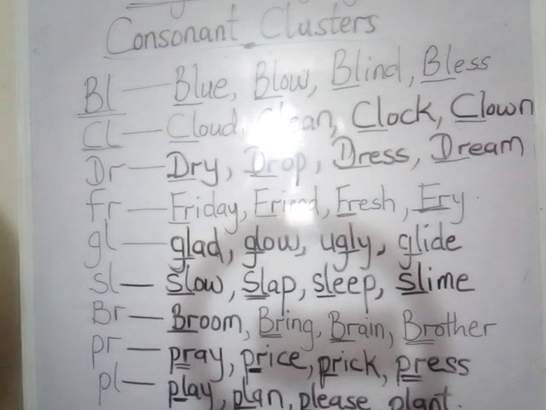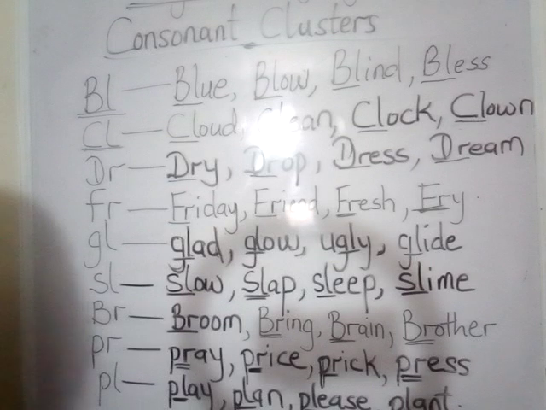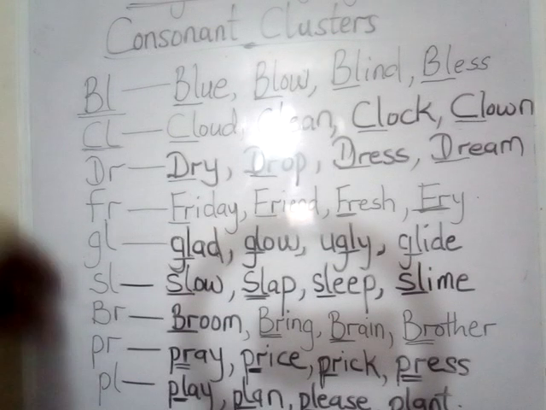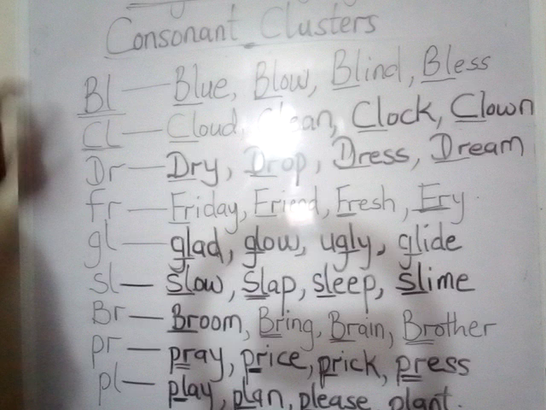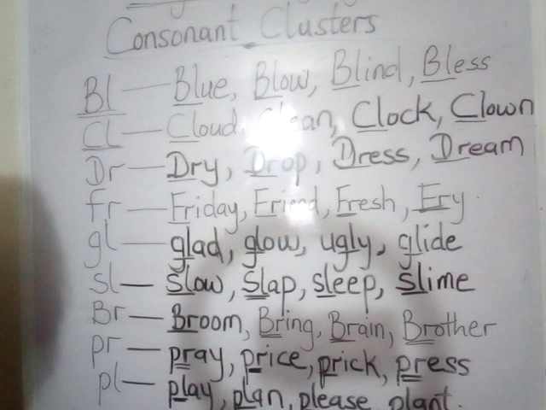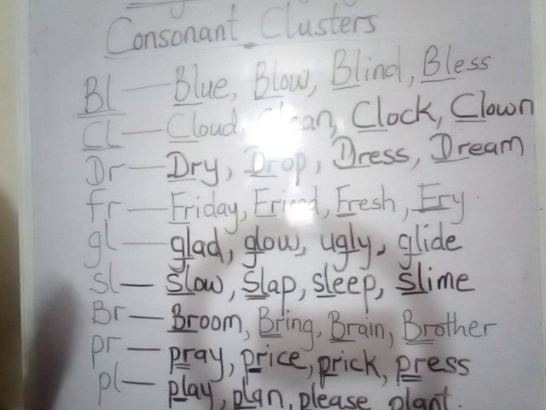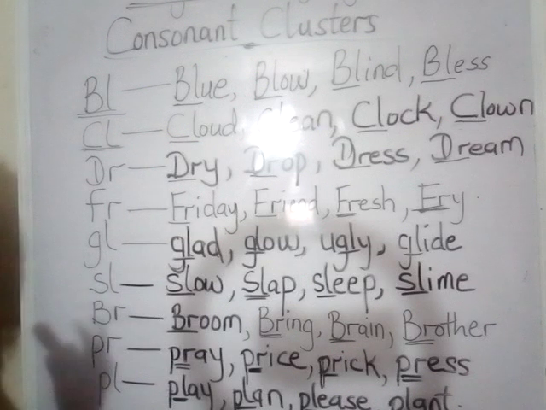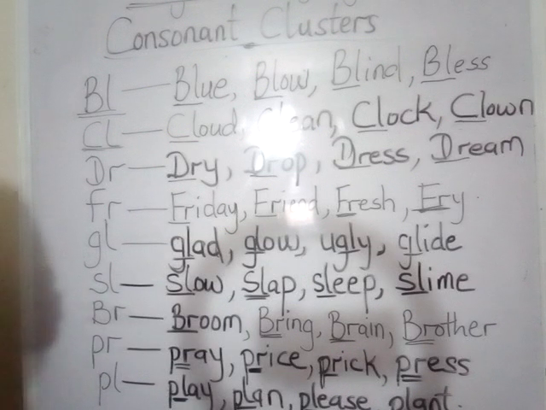On your own, I would advise that when you have your storybooks and you're reading them, try and look out for words where you have two consonants together, okay? Whenever you have two consonants occurring together, they are consonant clusters, or they could be a digraph. You know, I talked about digraph earlier. It could be a combination of consonants or a combination of vowels, okay?